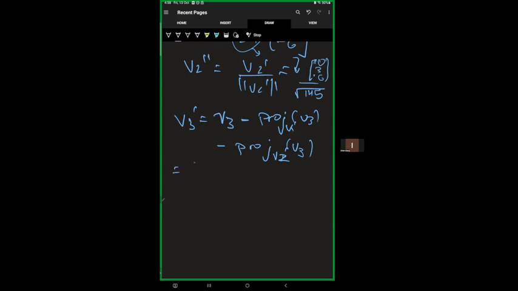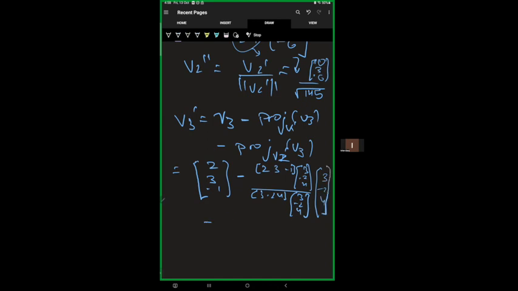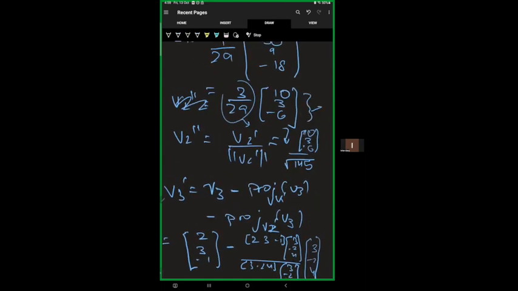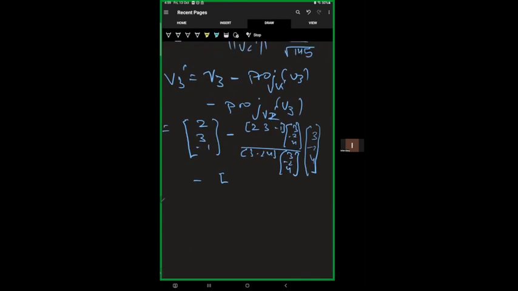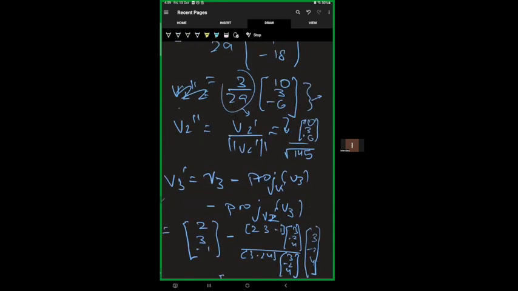So we effectively get V3, (2, 3, -1), minus the projection, calculated as (2, 3, -1)·(3, -2, 4) upon (3, -2, 4)·(3, -2, 4), along V1 dash. And also we can only take this component, or we can take the entire V2 dash since the scalar part will always cancel out. But let us take the entire V2 dash as it is.